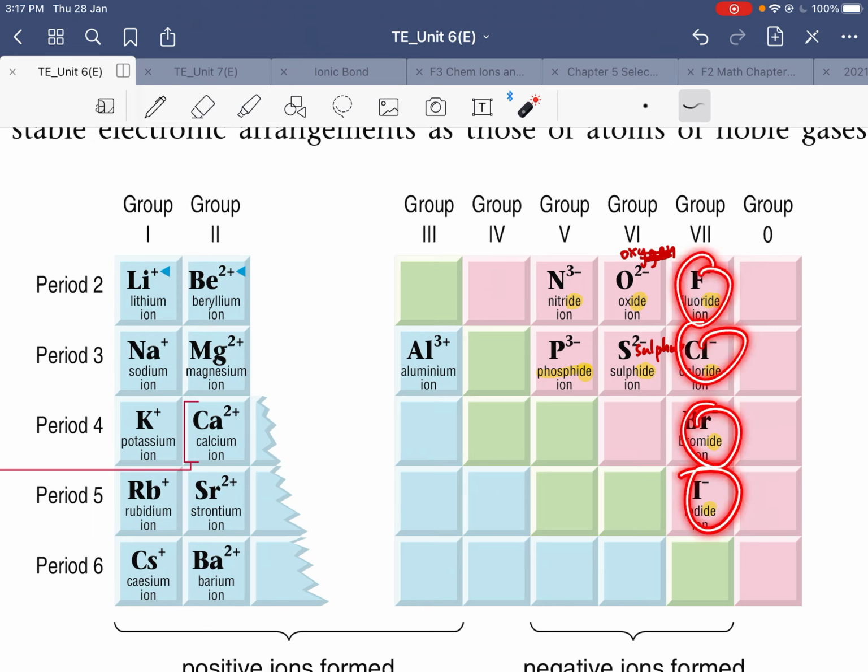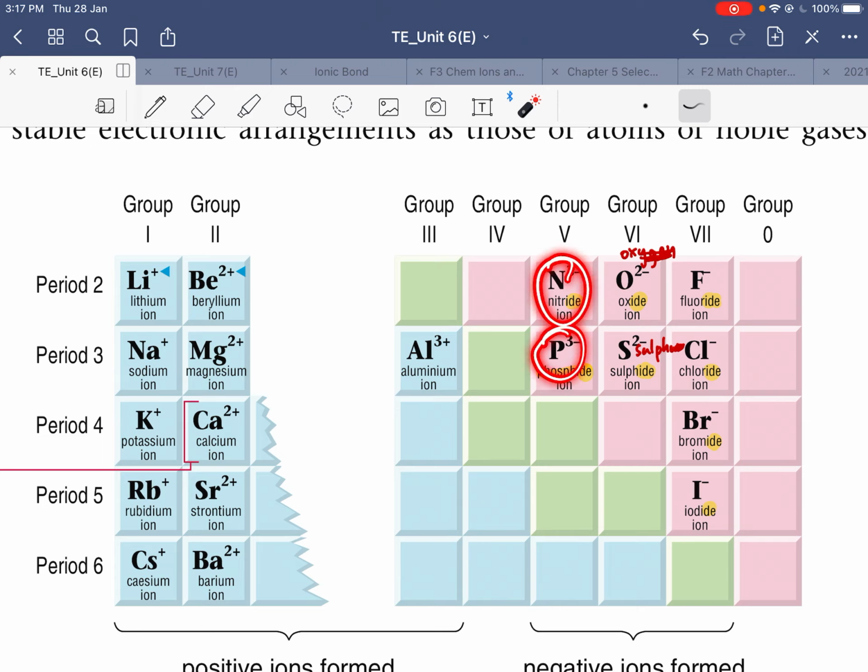So fluoride, chloride, bromide, and iodide. And for group 6, oxygen needs 2 more, sulfur needs 2 more electrons to become chemically inert. So they will gain 2 electrons, and form oxide, sulfide. And for group 5, they need 3 more. Nitrogen atom becomes nitride ion, and phosphorus atom becomes phosphide ion.